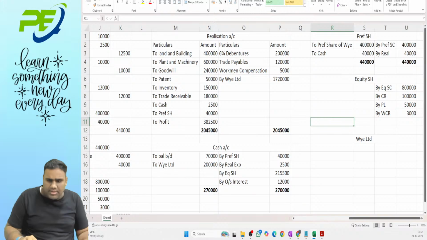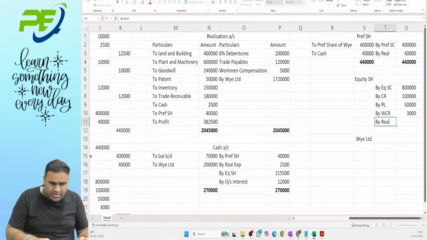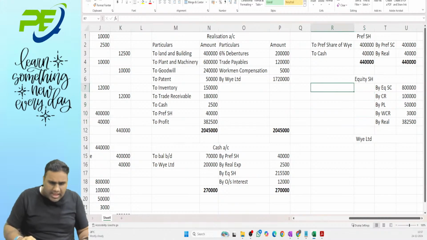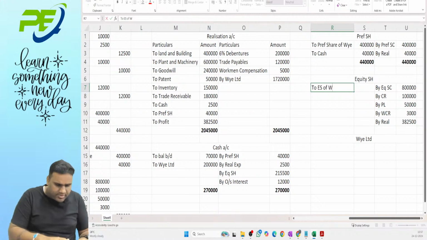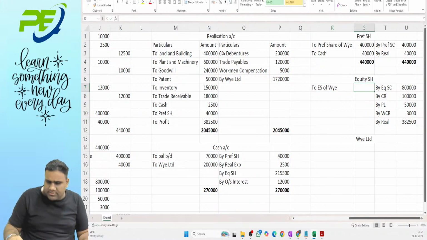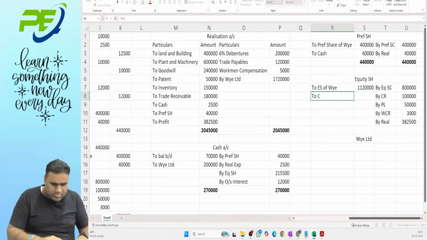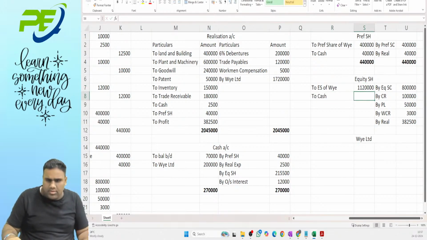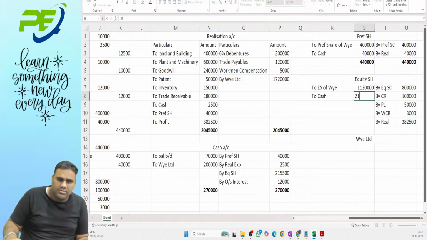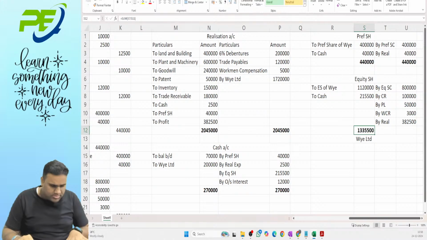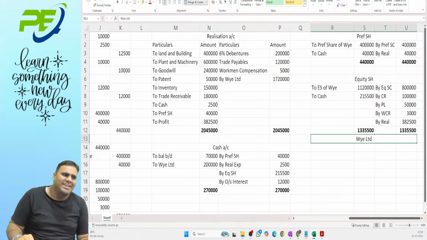By realization profit 382,500. And to equity shares of Y Limited 11 lakh 20,000. Cash 215,500. Match, bhaiya, done.